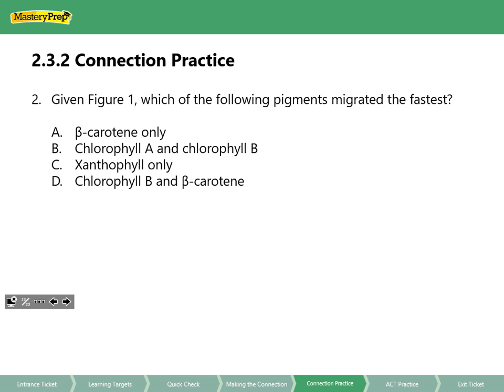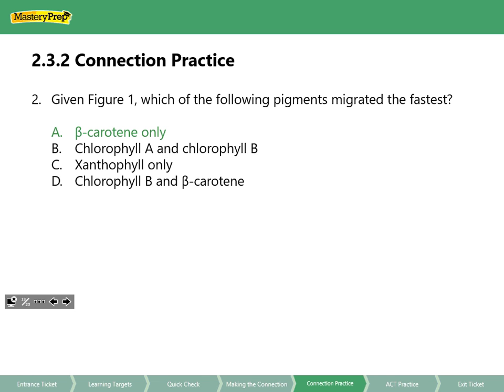So the RF value is the speed that they migrate. So which one migrates the fastest? Beta carotene. Yes? Which is answer choice A. And it's the only one. None of them are at the same amount. So that's all we need here.